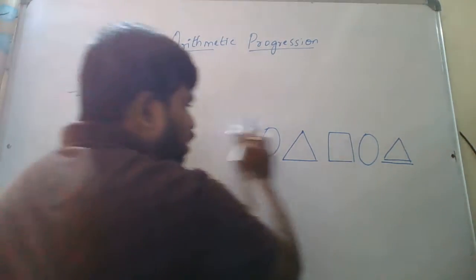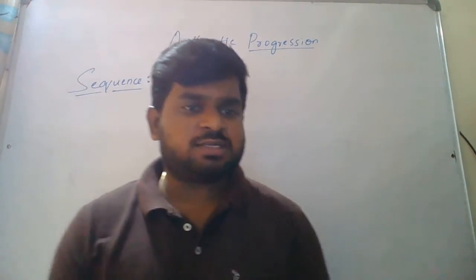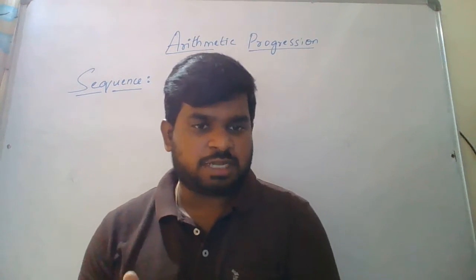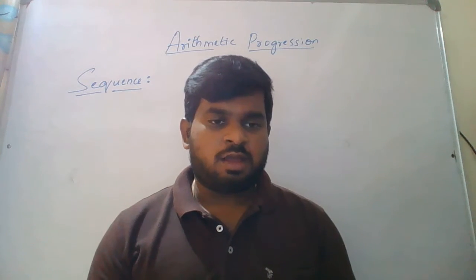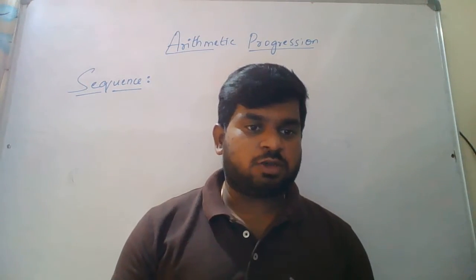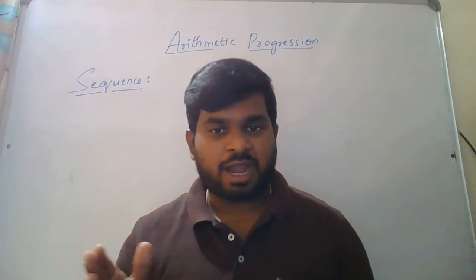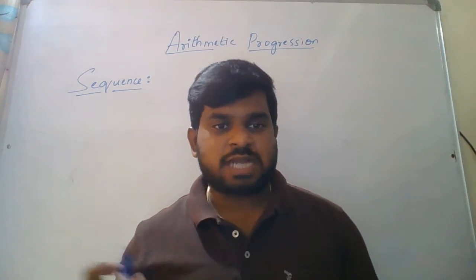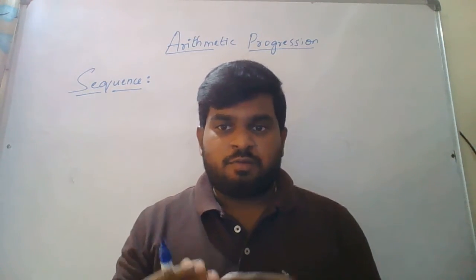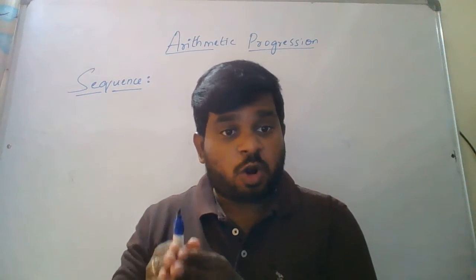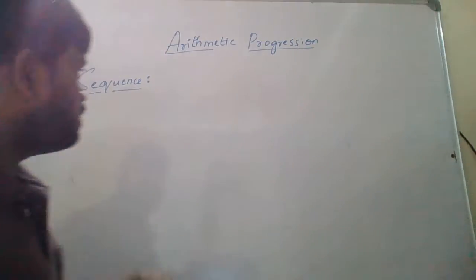Okay, or the standard way of defining sequences is arrangement of numbers according to a rule. For example, let's say in your school prayer hall, you are made to stand according to your height wise, isn't it? We don't stand however we wish. So here the students are being arranged according to their height wise. This is also a kind of sequence. So what is sequence?